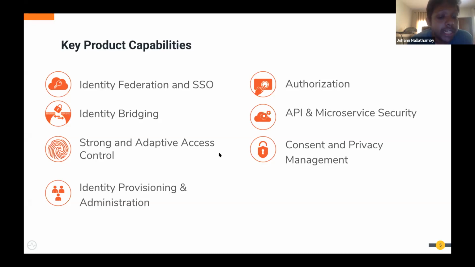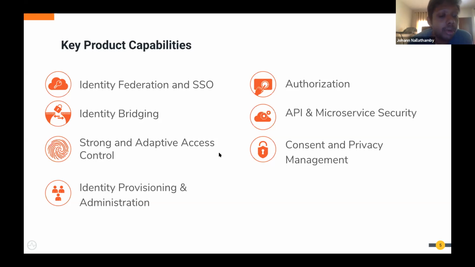When it comes to identity provisioning and administration, Identity Server can integrate with your existing or new directories that you want to have to store your users. It can also support various onboarding workflows for your users. For example, we can support simple user creation by an administrator, or we can support a self-registration flow with either email or mobile number verification or both.